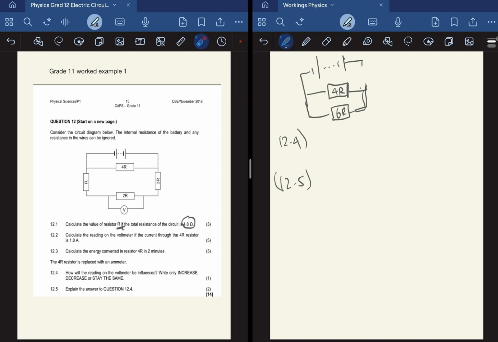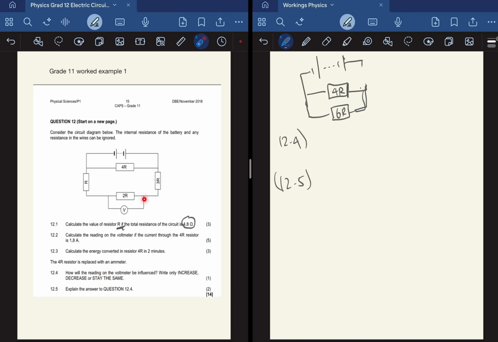So when you go back to your diagram, there's now a very low resistance here, which means all the current will pass here and very little current will pass this side because of the low resistance that's here. They're asking, how will the reading on the voltmeter be influenced?